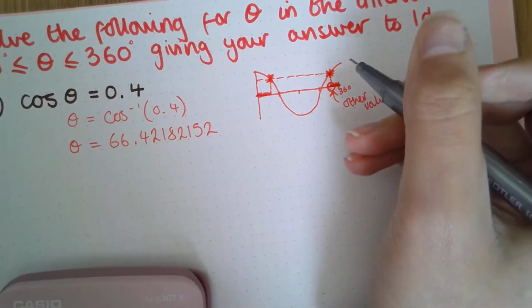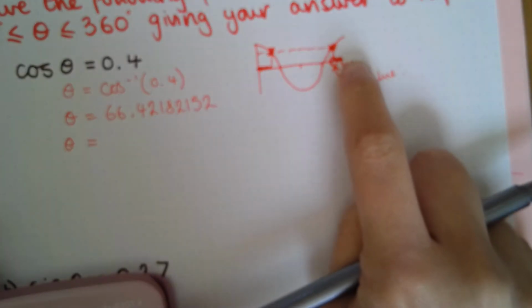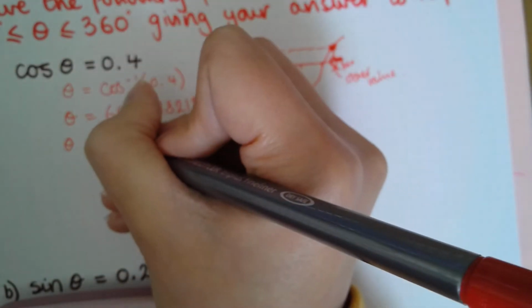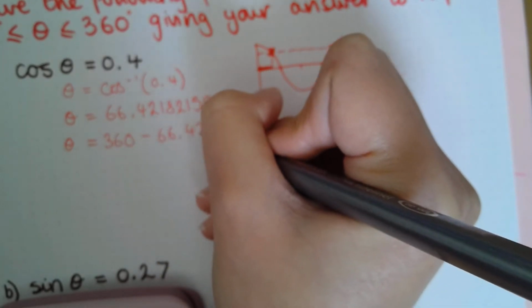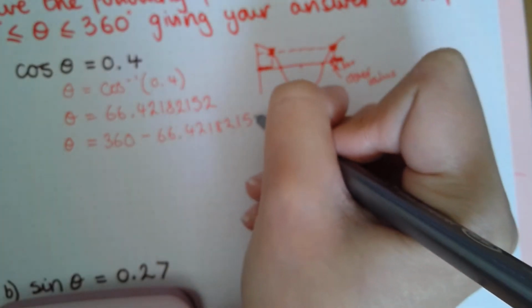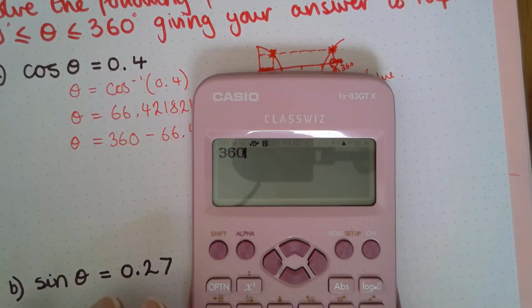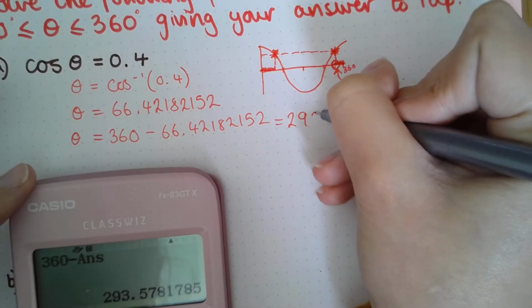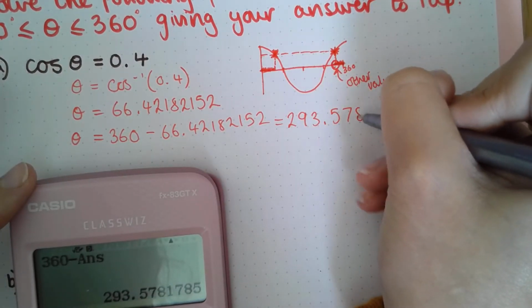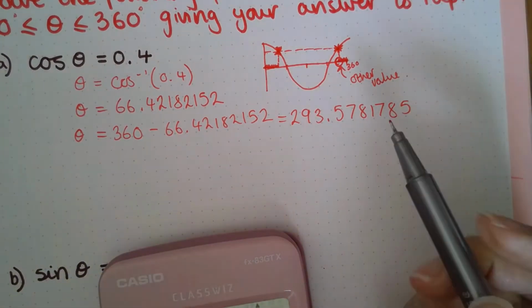So I can work out another value for theta by doing 360 take away 66.421825152, which is 293.5781748.